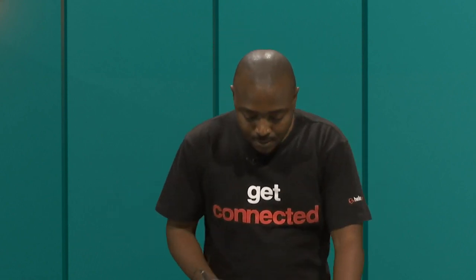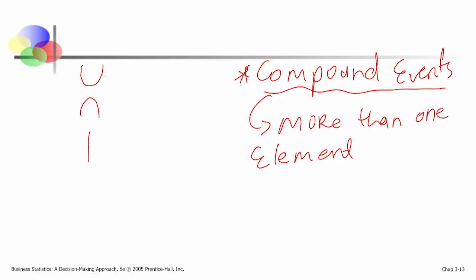So when do you use this? This is the union. This is referred to as addition. Union brings things together. This is referred to as the intersection.